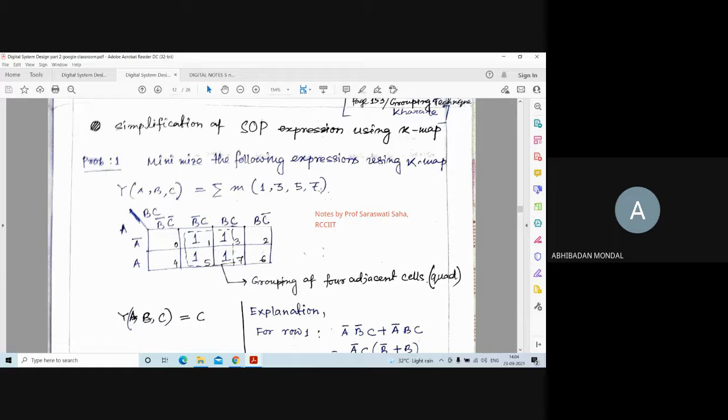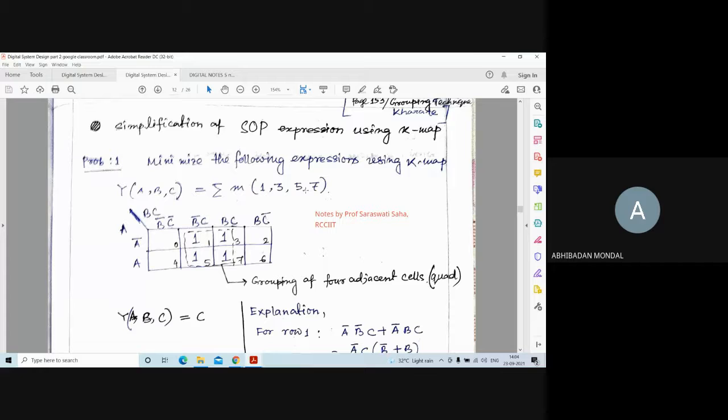Yes, ma'am. Okay. If 7 is not there, suppose 5 is there, then how many input variables will be there? 4. Why 4? Ma'am, because we have to start from 0. 0, 1, 2, 3, no, 4. This is min-term 5. Min-term 5 means the combination is 101.